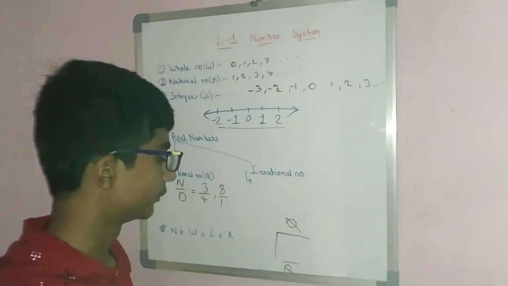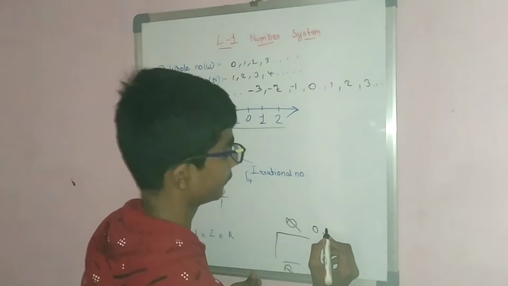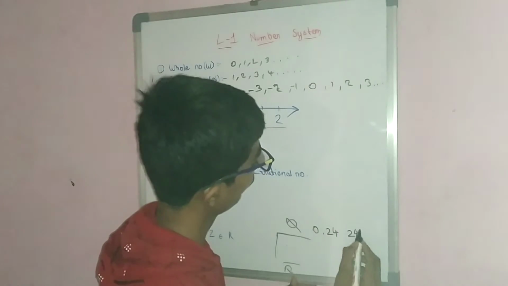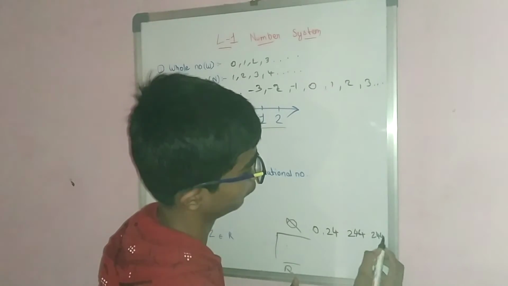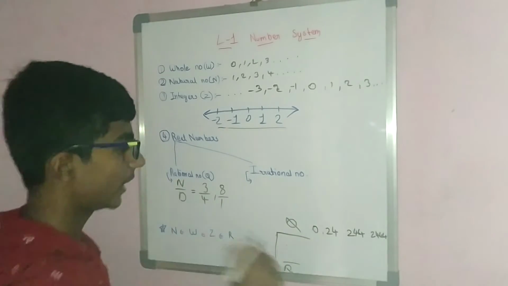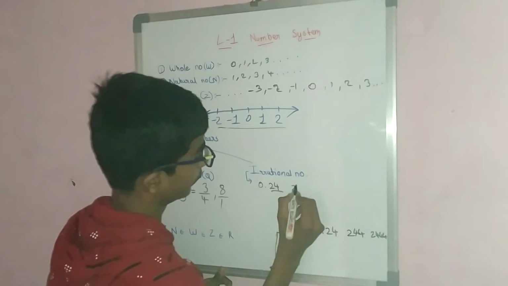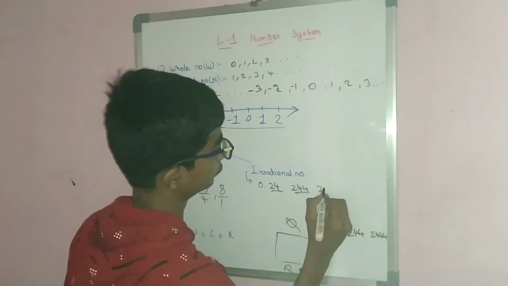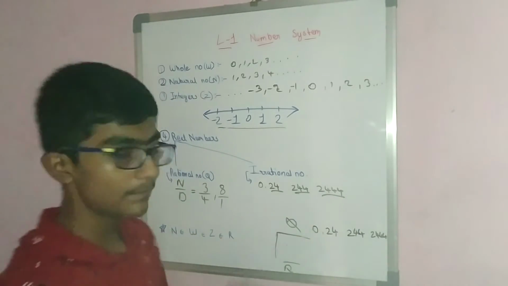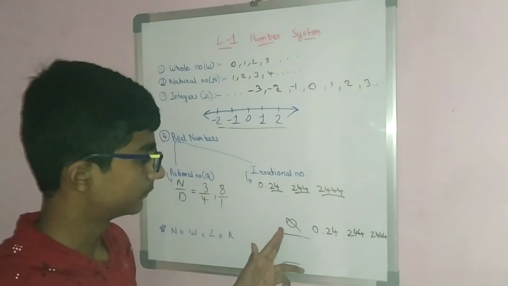Now in the quotient, if the number is repeating, like 0.24, 244 and 2444, here 4 is repeating in the quotient. So we will write it as 0.24, 244, 2444. Here 4 is repeating, so the number is irrational.